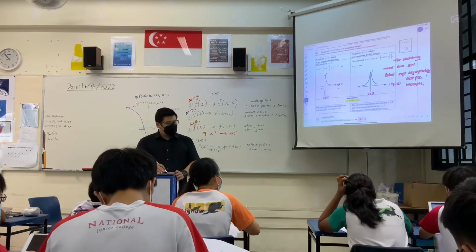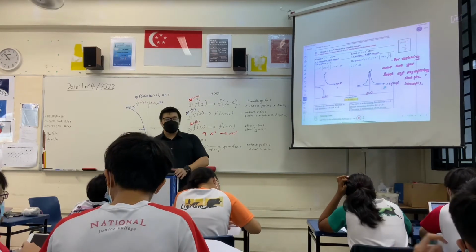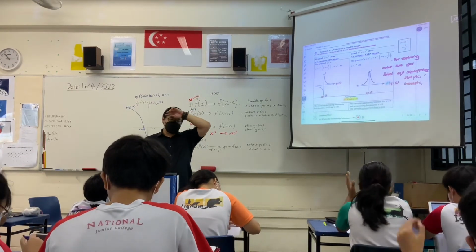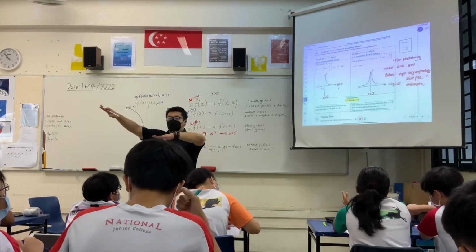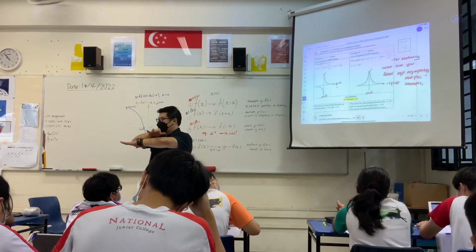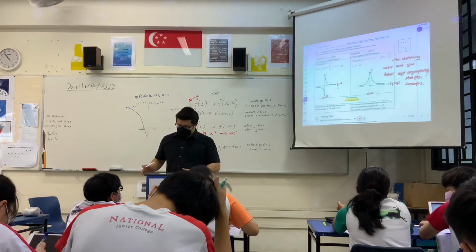So please make sure that you label x and y, these are asymptotes. What are asymptotes? Asymptotes are lines that the curve tends towards, but they do not touch.